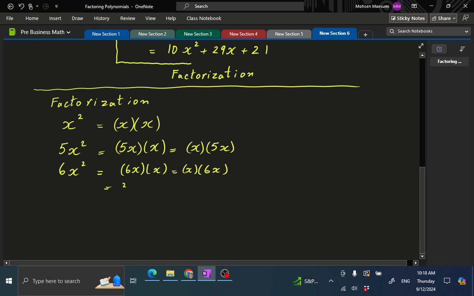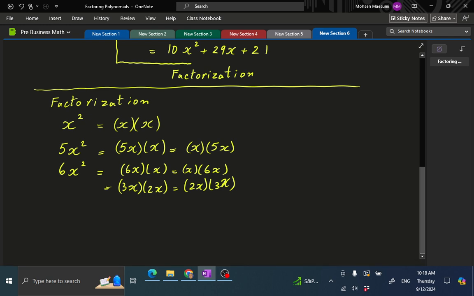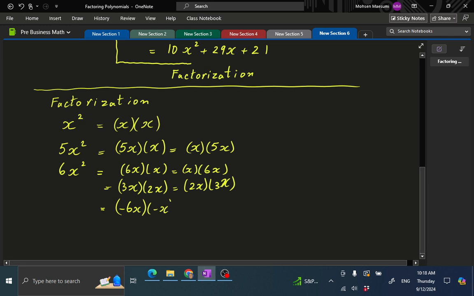I could write it as 3x times 2x, or I could write it as 2x times 3x. So these are all legitimate factorizations. Now if you want to make your life a little bit harder, you can even have minus 6x times minus x. I don't write the rest of them, so you can have a minus.